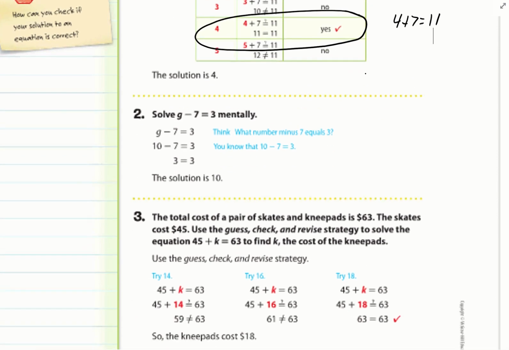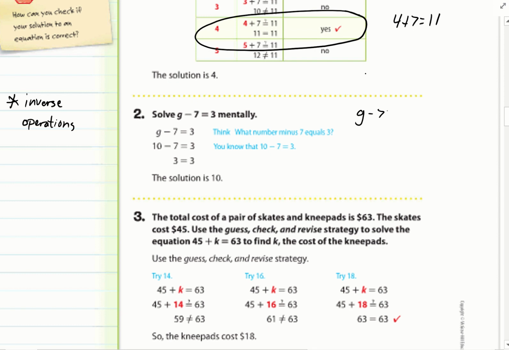g minus 7 equals 3. So what number minus 7 is going to equal 3? One way I can do this is, I'm going to make a note over here, inverse operations, and I believe you'll be learning this relatively soon. I have 2 ways to solve this.